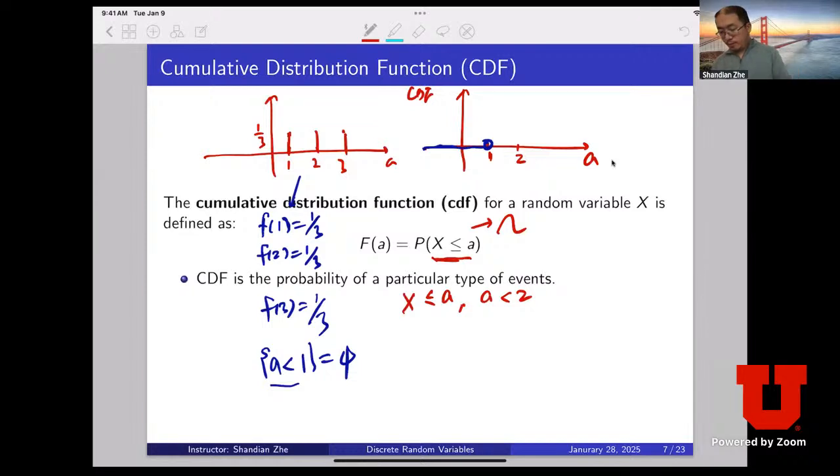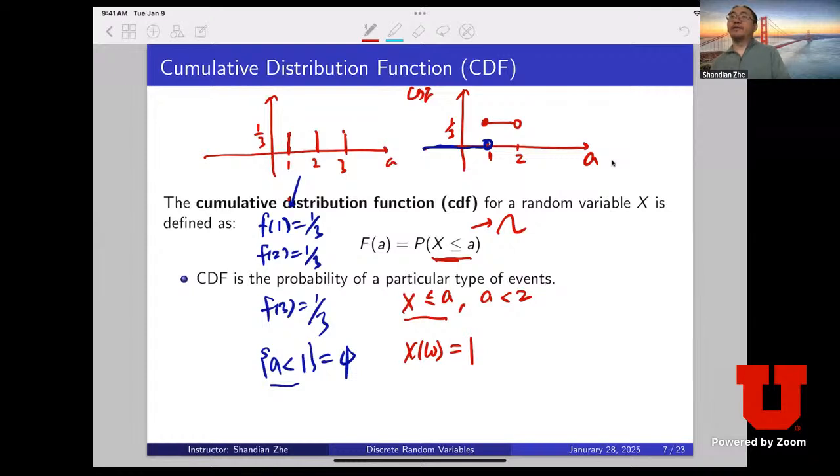You know there will be only one element in the sample space which satisfies this, which is the element that corresponds to the value 1 of the random variable. So this will be 1/3, right?